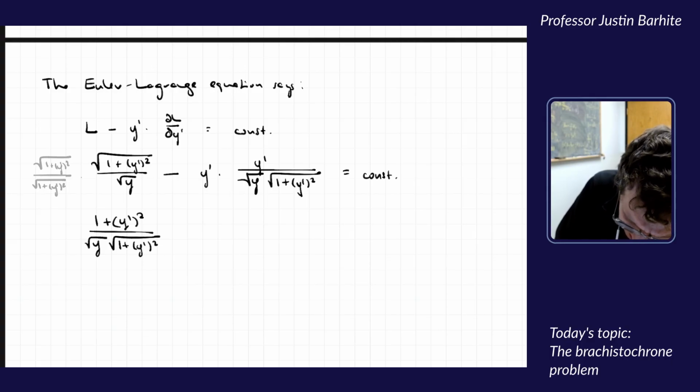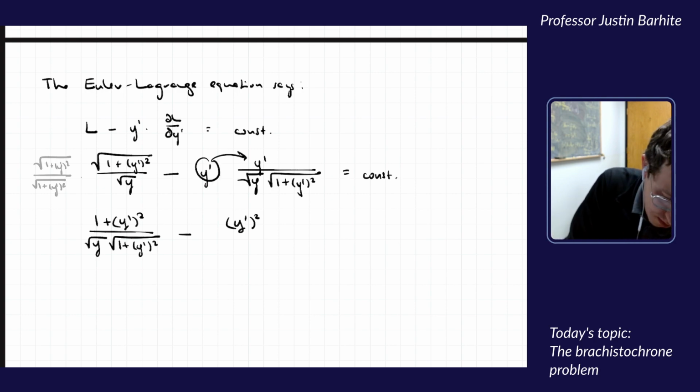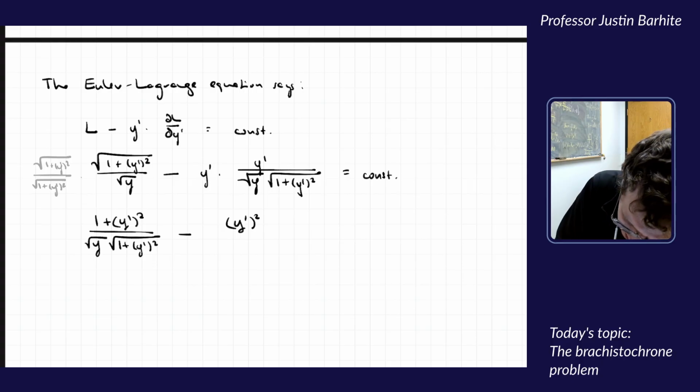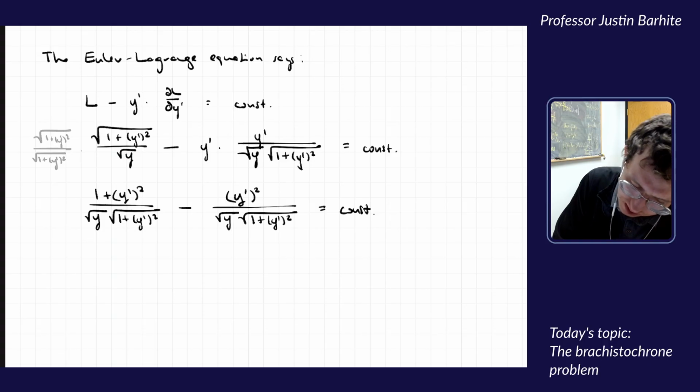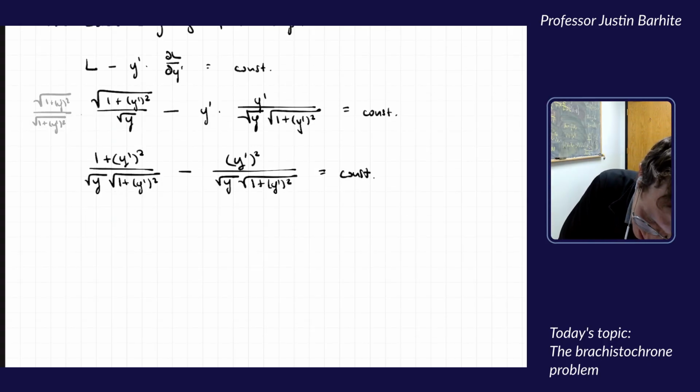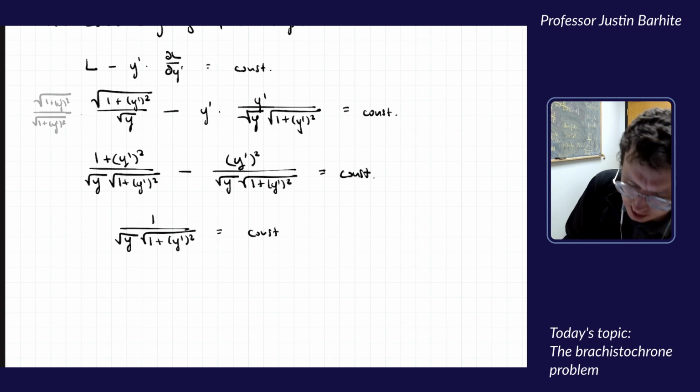Stuff is about to cancel. Over in the second fraction, I can bring that y prime up into the numerator, so I have y prime squared. In the denominator, I have a root y, a root 1 plus y prime squared. And when we subtract these fractions, these things cancel. So we are just left with 1 in the numerator. So 1 over root y, root 1 plus y prime squared is a constant.